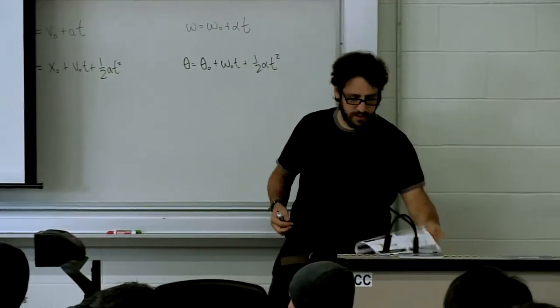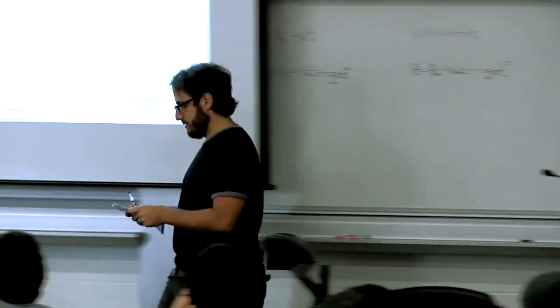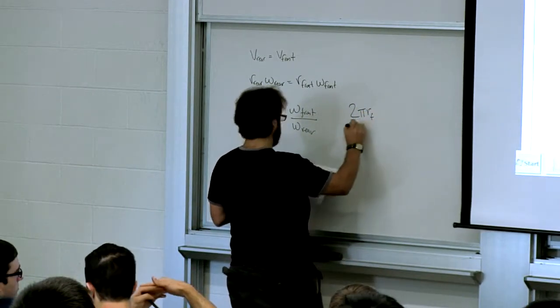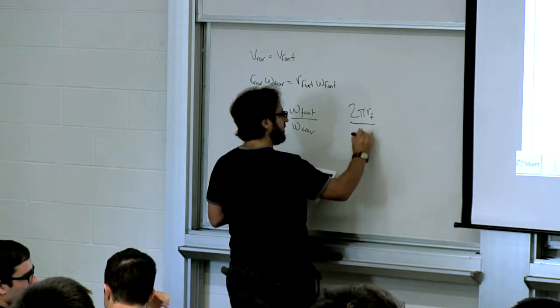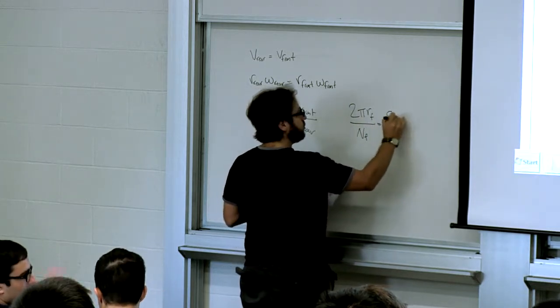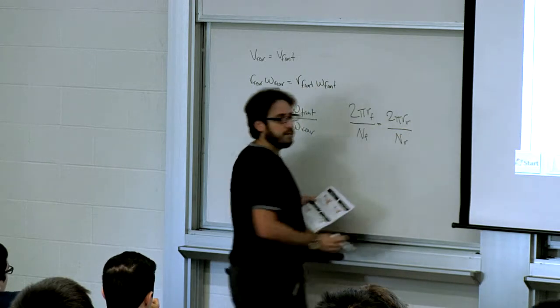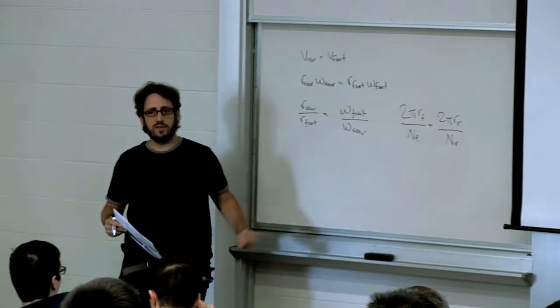Okay, so you just have like this. 2 pi r front over the number of teeth in the front is 2 pi r rear over the number of teeth in the rear, right? This means the spacings are the same.